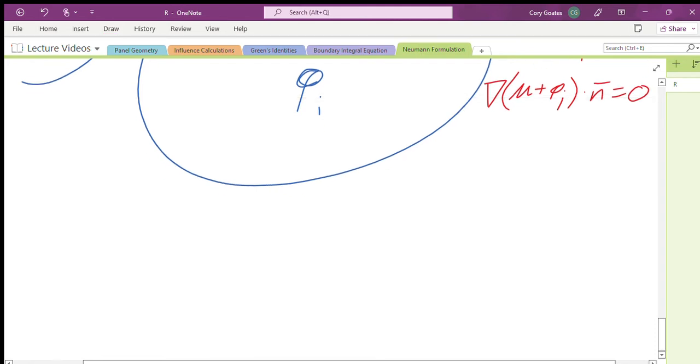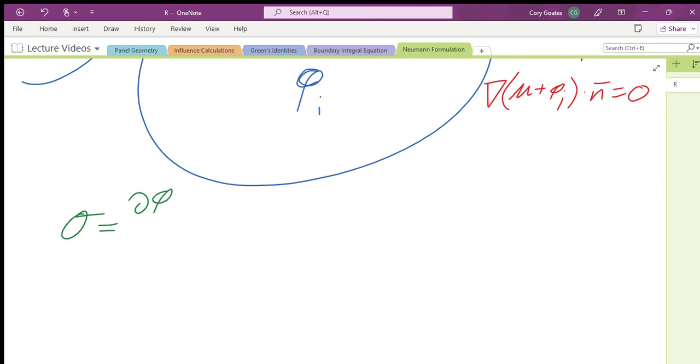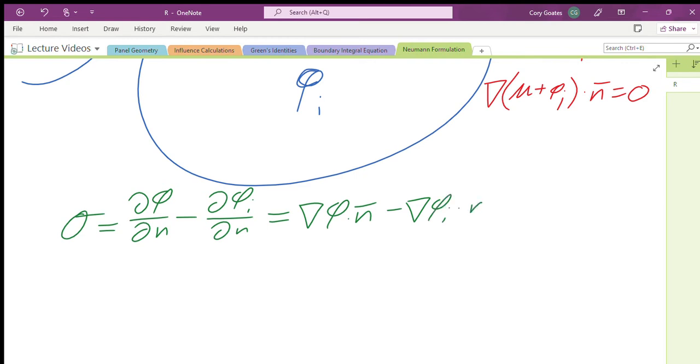The source strength on the surface is equal to the jump in the normal derivative. So partial phi partial n minus partial phi sub I partial n. And we can also write this as grad phi dotted with n minus grad phi inner dotted with n.